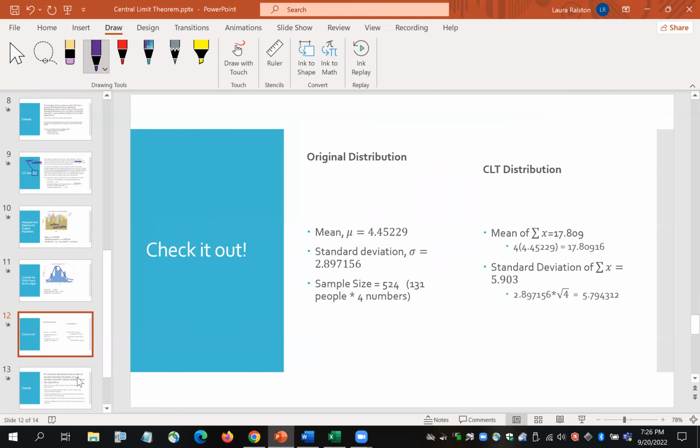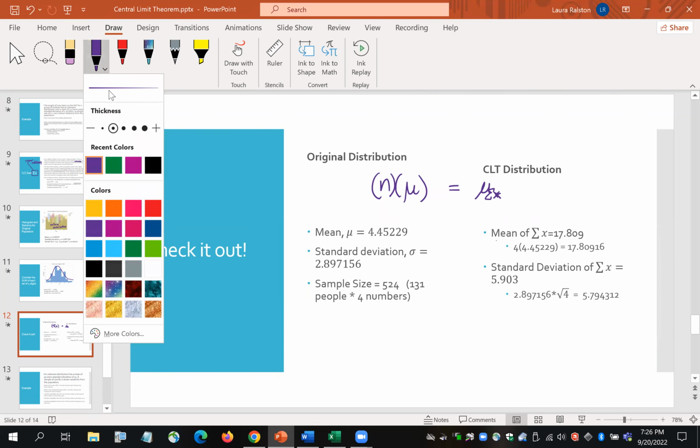What it tells us is that the mean of the central limit theorem by the sums, and you may see it with that little funky E symbol down there, or they'll write it out in words, mean of X sum is equal to the sample size times the original mean.